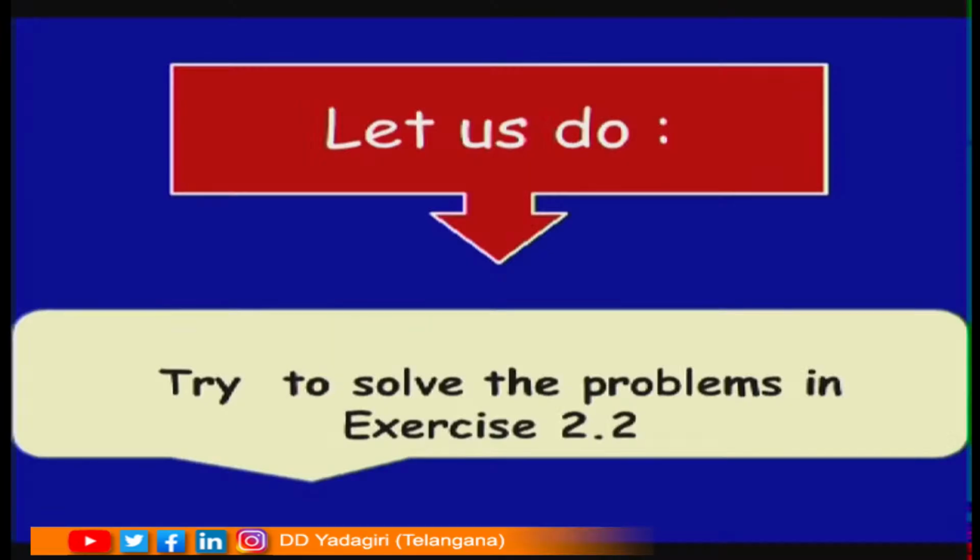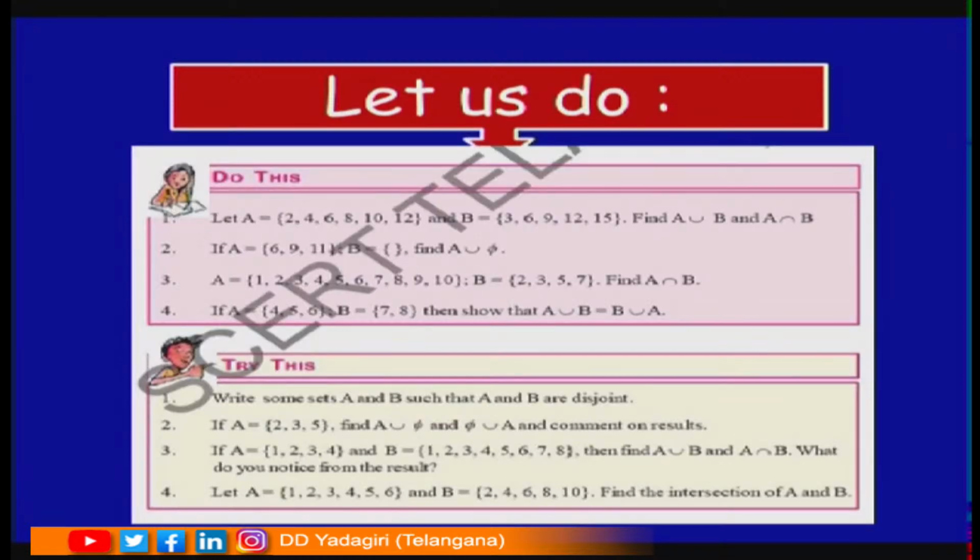We have completed this chapter, so you can solve the do this, try this and exercise problems, and the related problems of exercise 2.2 and the remaining problems, with the help of your teacher or by discussing with your friends. These are the problems in your textbook. Let us try to solve them.